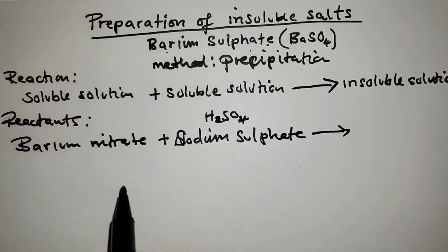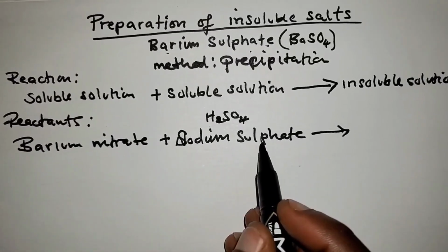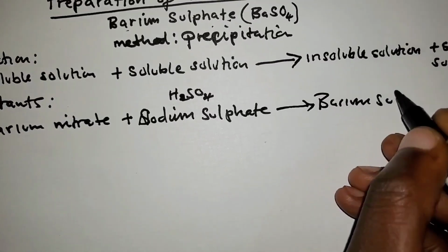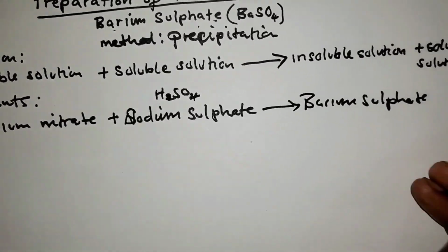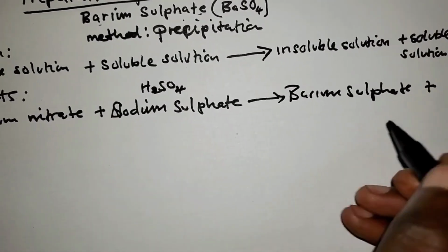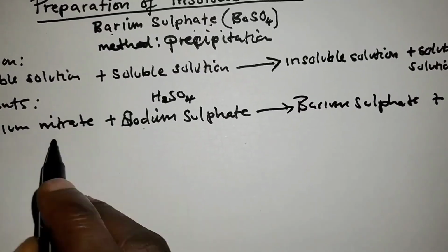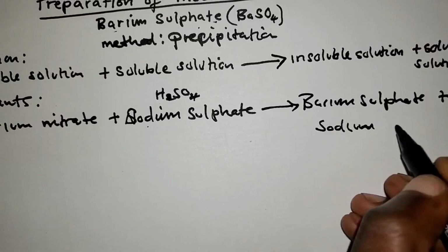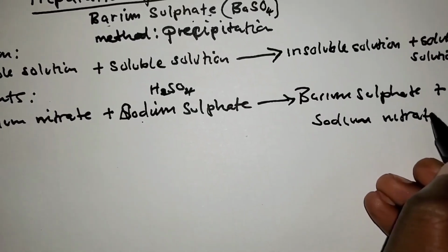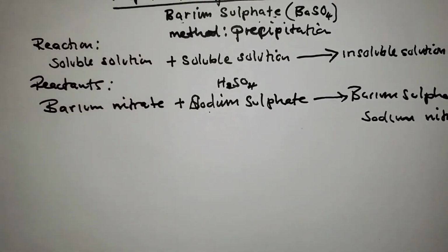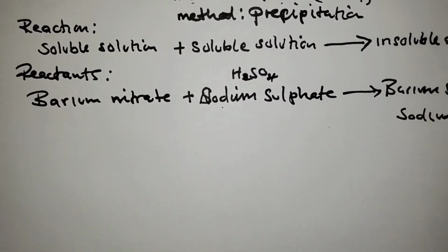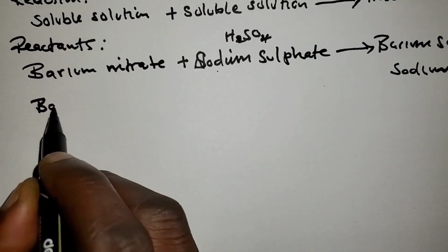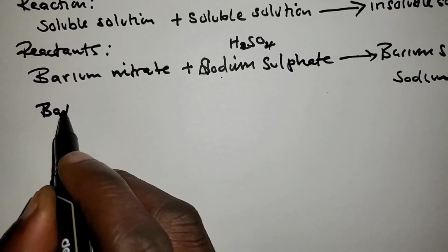Now what will be formed will be barium sulfate and sodium nitrate. To write this as a chemical equation, it will be barium nitrate.